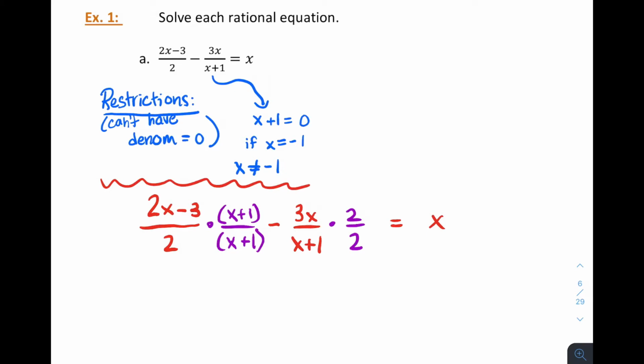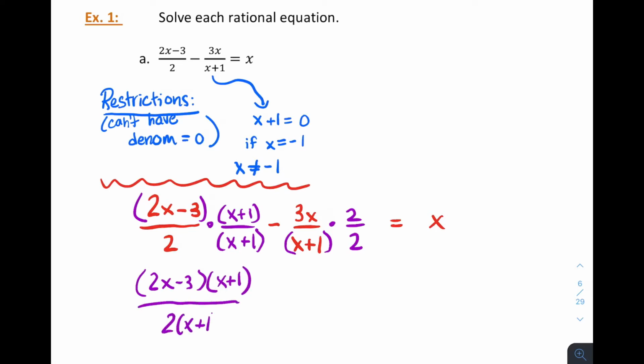And then I'm going to add some extra parentheses here. Remember, things are grouped by your fraction bar, but I like to have the parentheses anyways. Okay, so I have 2x minus 3 being multiplied by x plus 1 now, over 2 times x plus 1, and then 2 times 3x over 2 times x plus 1, so my denominators match.